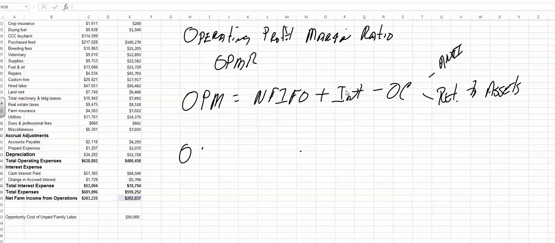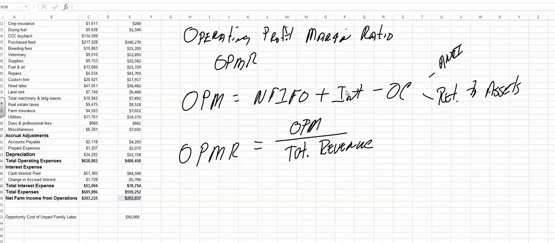So the operating profit margin ratio is equal to the operating profit margin divided by total revenue. Really what we're doing is finding out what percent of total revenue is the operating profit, which again is the profit without interest and with an allocation for the unpaid family labor.